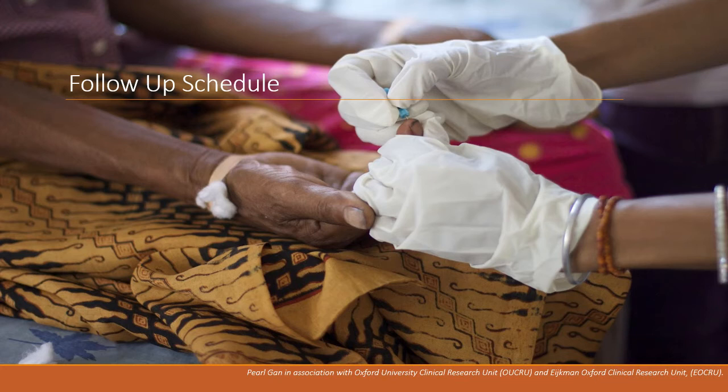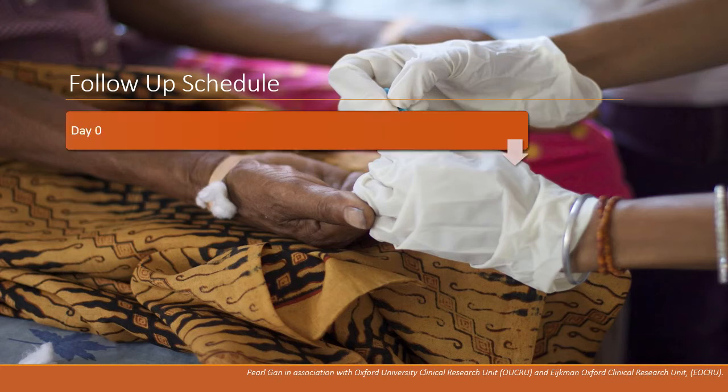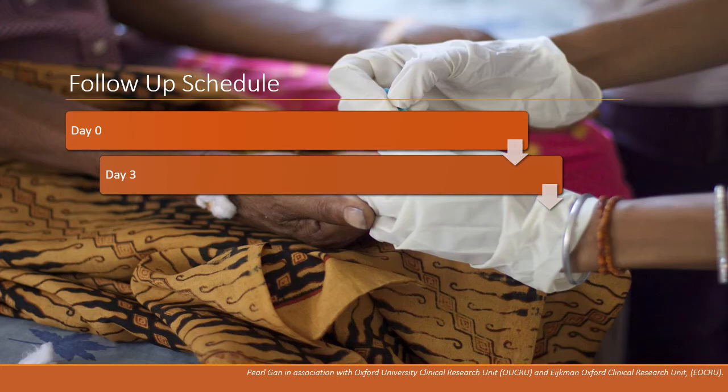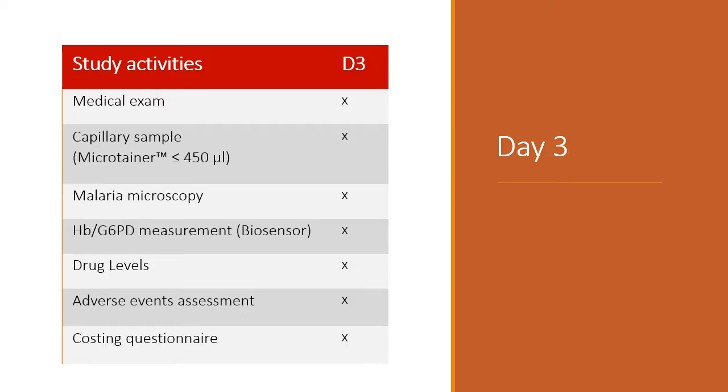Further to follow up, we go on to day 3 now. All participants will be reviewed on day 3. This is the clinical review where staff have to determine if the patient is tolerating the medication or whether treatment should be stopped early.